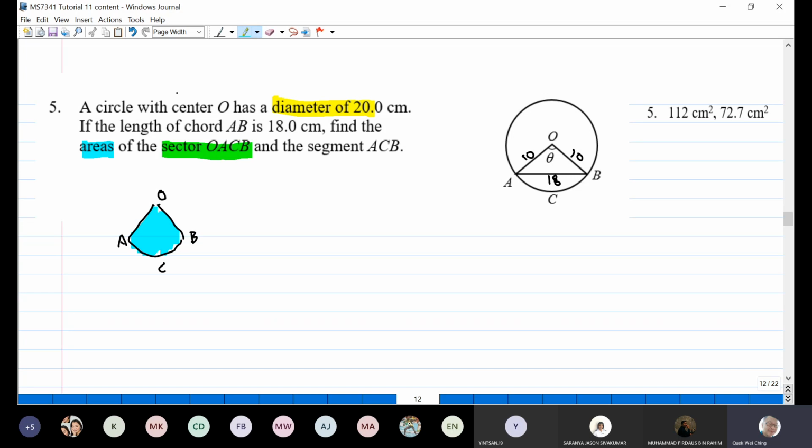Now the segment ACB is another thing. Let me change the color. The area of the segment ACB, let me draw it again. ACB is this part here, AB here.